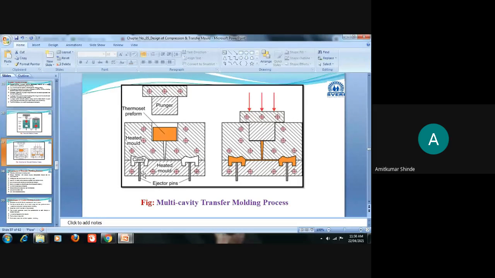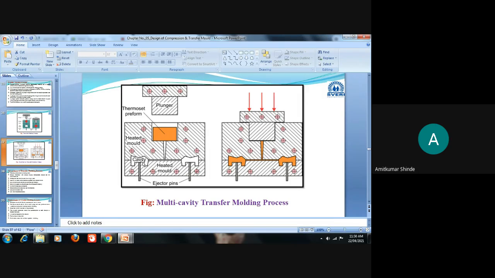Now, how is the attachment done here in this case? Generally, these ejector pins are present on the flat surface only. Okay, this is the flat surface. On that flat surface only, these are present.